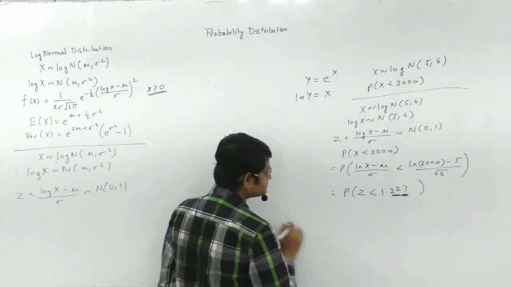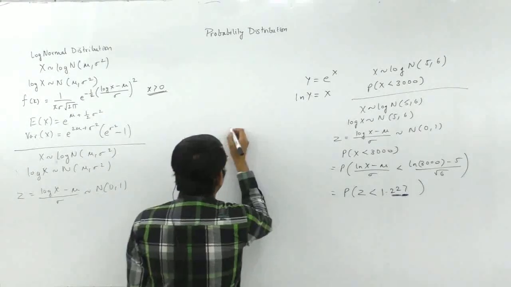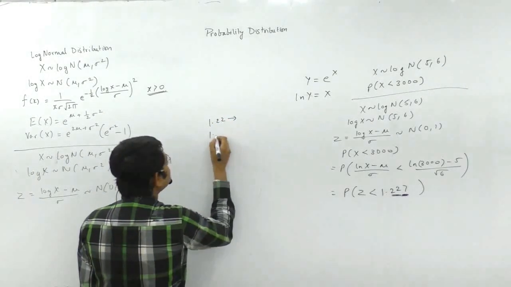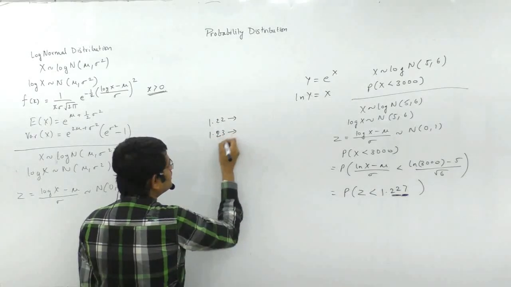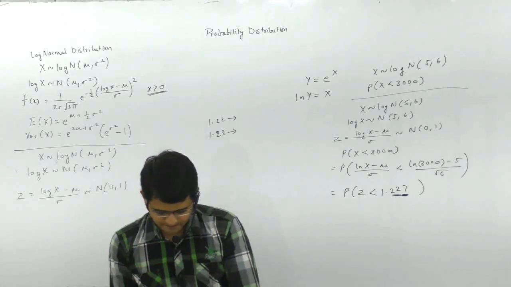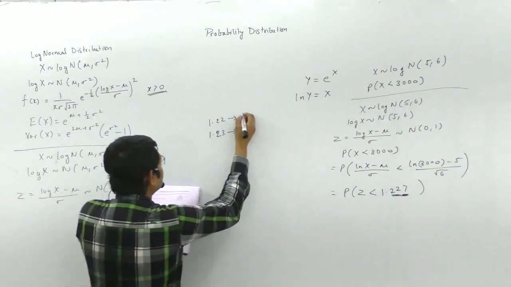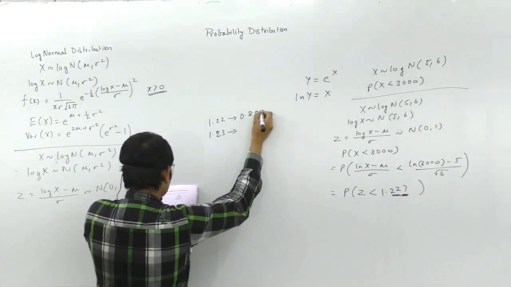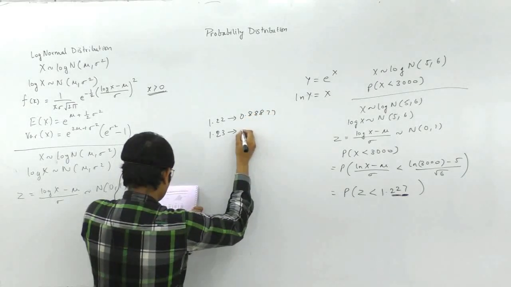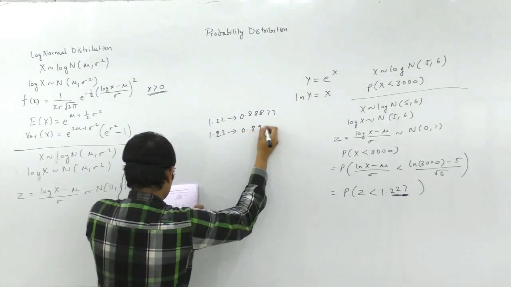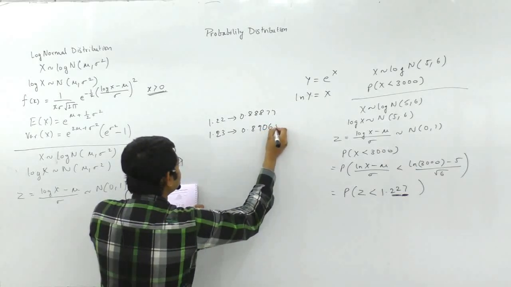Again, we'll have probabilities of 1.22 from our table. We'll have probabilities of 1.23 from our table, and then we'll do interpolation. So the probability for 1.22 is 0.88877 and for 1.23 we have 0.89065.